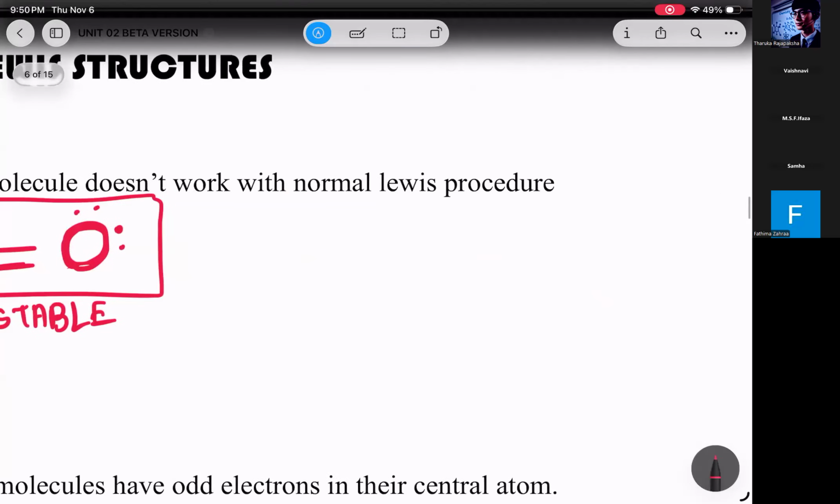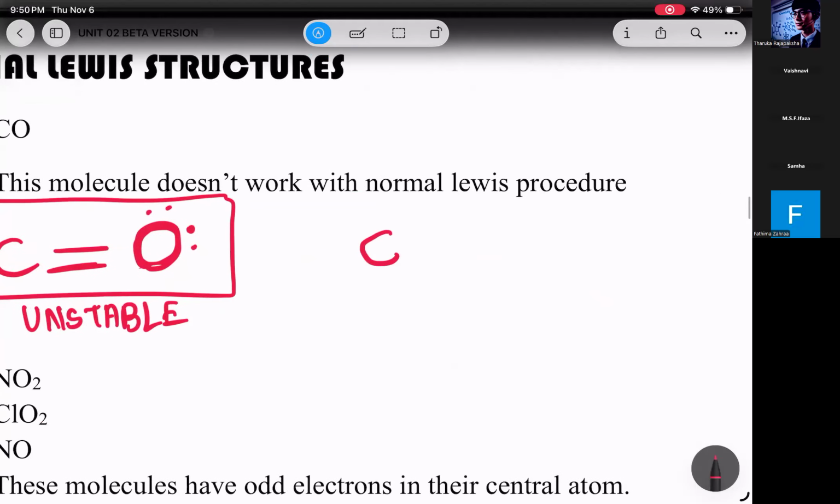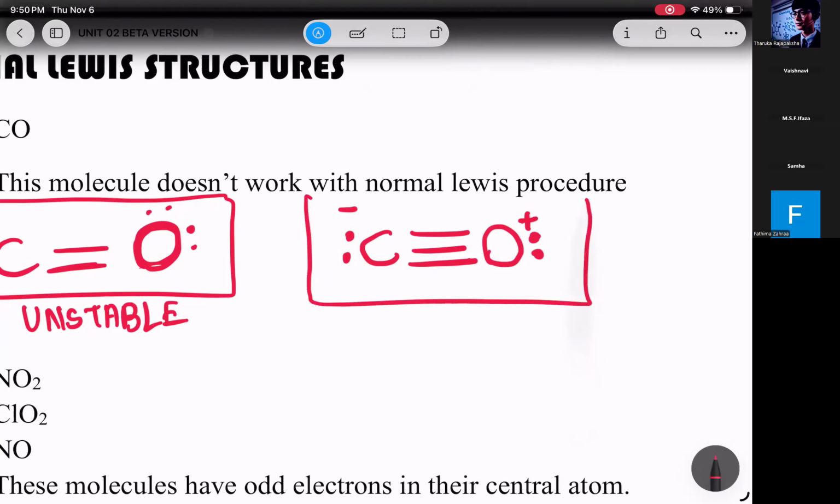Then what is the correct structure? Carbon will form a triple bond with oxygen, oxygen getting a positive charge and carbon getting a negative charge. This is the correct structure for the carbon monoxide molecule. Stable.